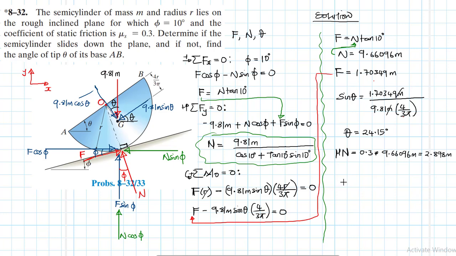Alright, so therefore our F, the friction at that point, is equal to 1.703 m, which is less than mu n, the maximum friction, which is equal to 2.898 m.